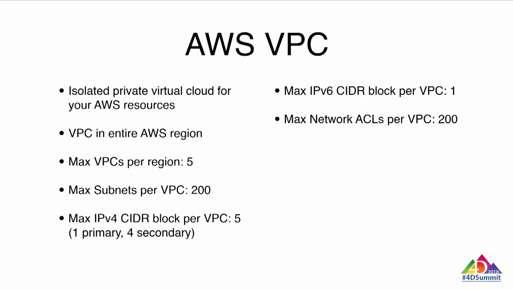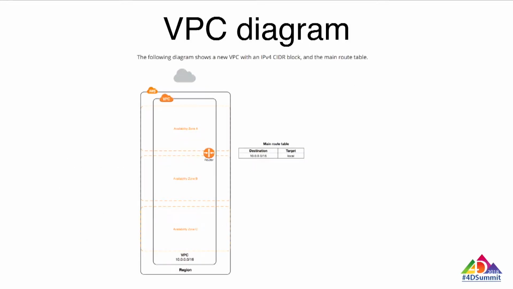Actually, one more point I wanted to make here, that you can have, by default, 5 VPCs in a region and 200 subnets, but you can talk to your AWS account manager and they can extend that if we have to. So that's just an idea of how a VPC looks like, availability zones. You can have different availability zones in a region for AWS.